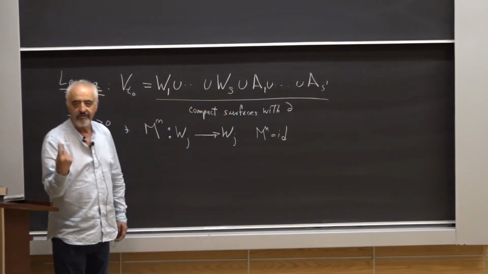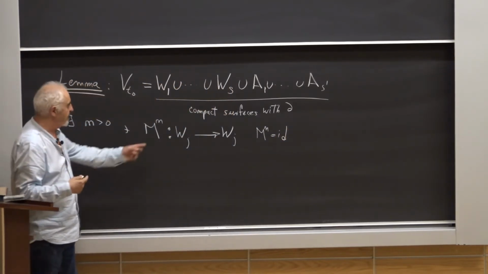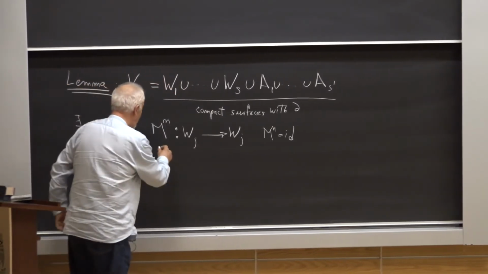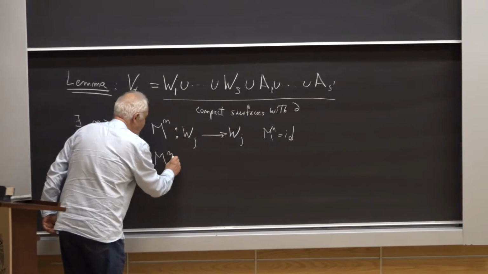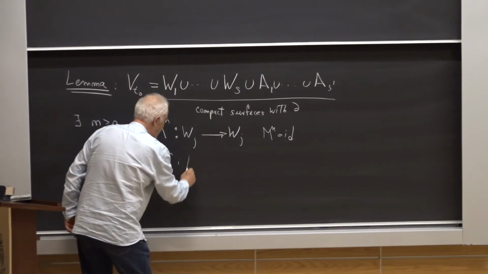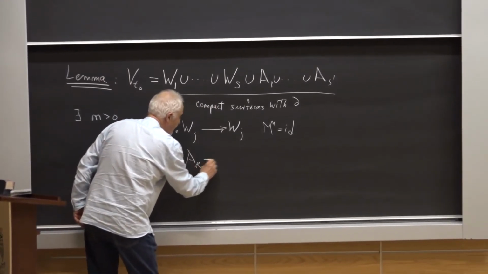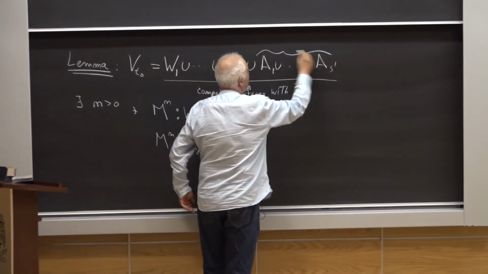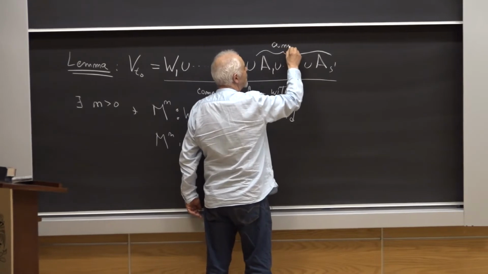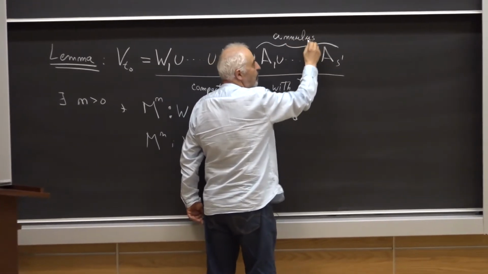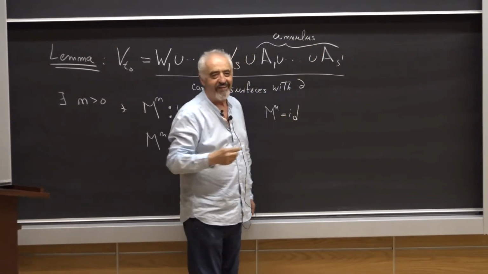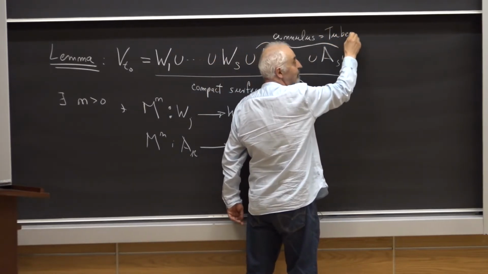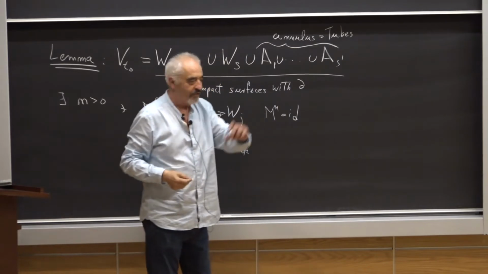Or if I iterate sufficiently many times, in each of these pieces it will be the identity, and then this M^n restricted to this A_k goes into A_k. So these A_k's will be annuli, or to think more pictorially, I will call them tubes.